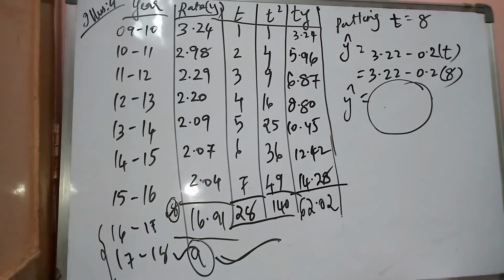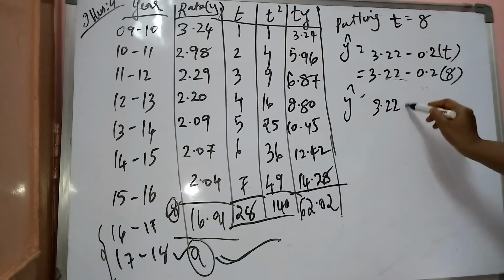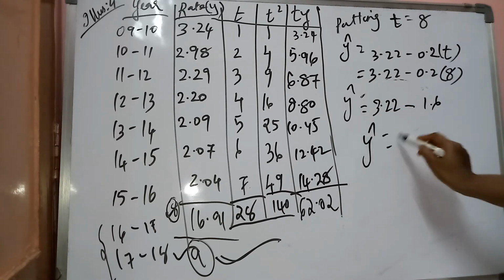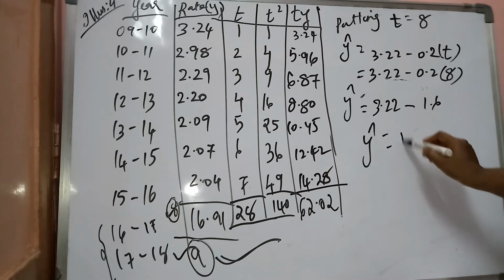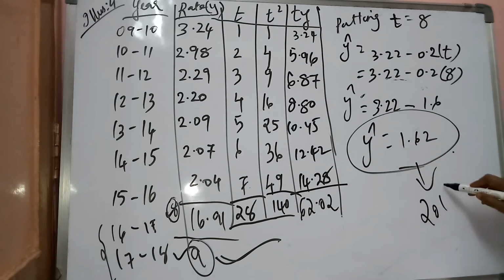Just multiplying 0.2 multiplied by 8 is 1.6, right? So 3.2 minus 1.6. So your final answer is 3.22 minus 1.6 is 1.62. So 1.62. So this is for the year 2016 and 2017.